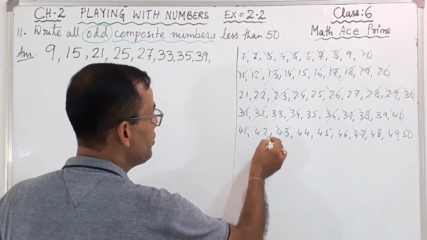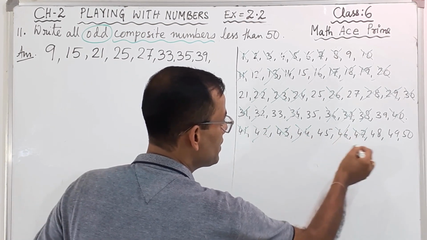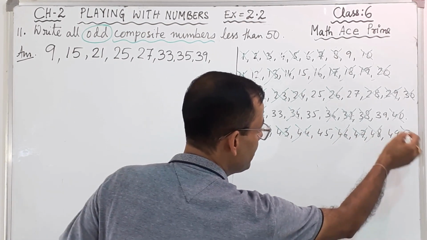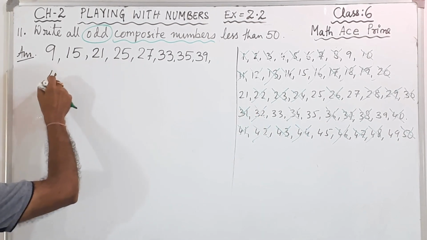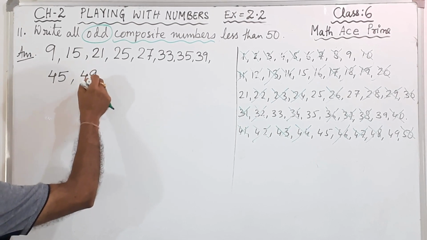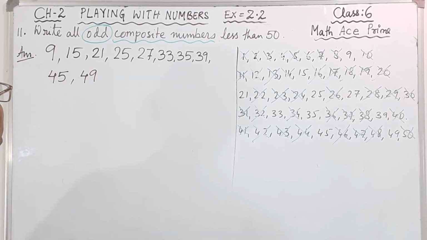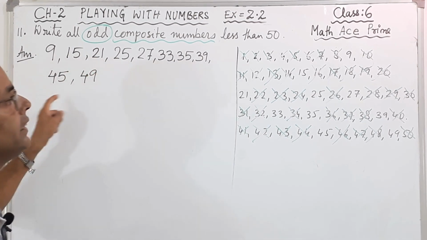Now we will cross the even ones, 42 is even, 44 is even, 46 is even, 48 is even, 50 is even. Then what is left? 45. So let me write down 45 and then what? 49. So how many do you get? You are getting 1, 2, 3, 4, 5, 6, 7, 8, 9, 10.